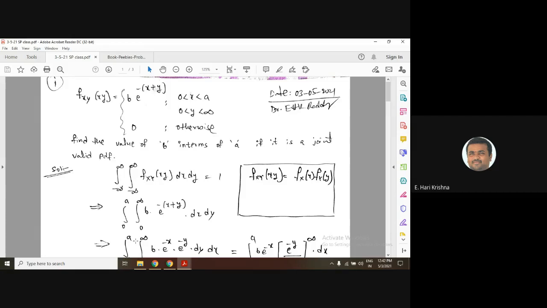So the question is, find the value of b in terms of a if it is a valid joint probability density function.